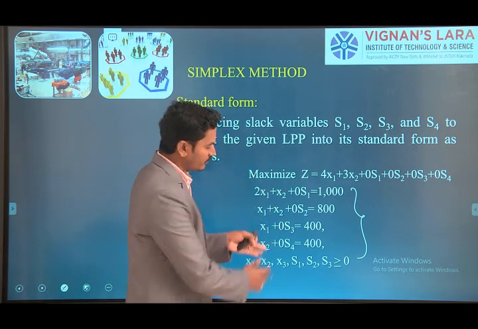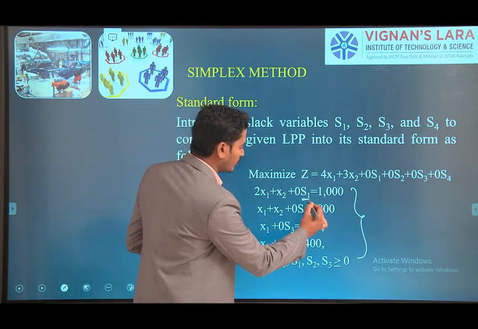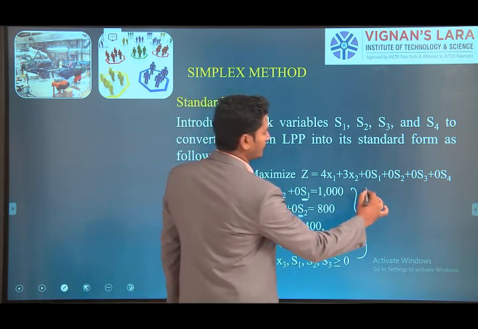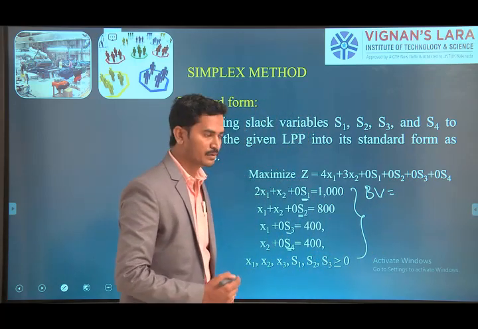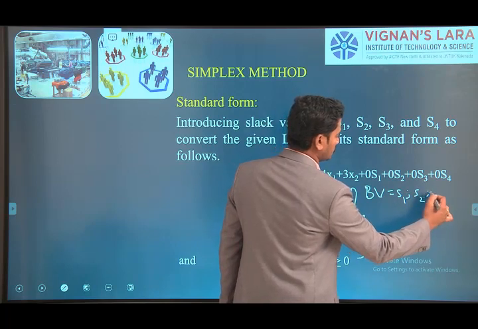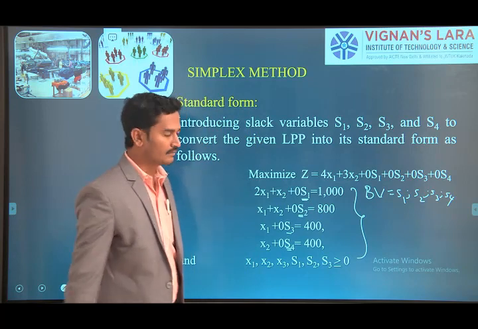Here we have 4 equalities, and each has one such variable. Those variables are called basic variables. In our problem, the basic variables are S1, S2, S3, S4.